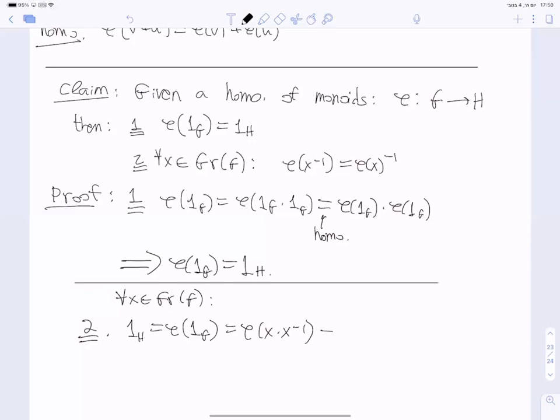Now, since it's a homomorphism, we see that the element which takes phi of x back to 1 must be the inverse of this, because this is the inverse of phi of x if it takes it to 1.